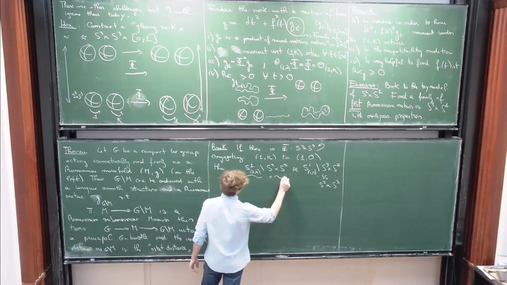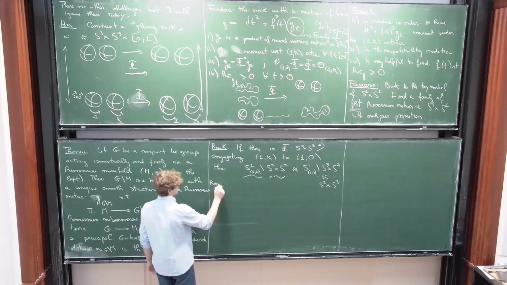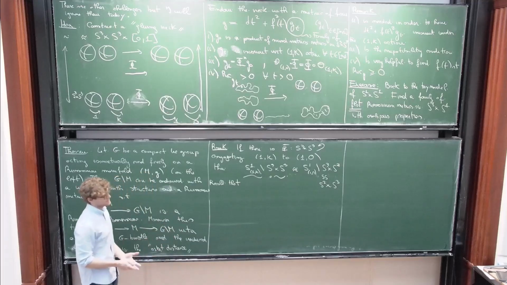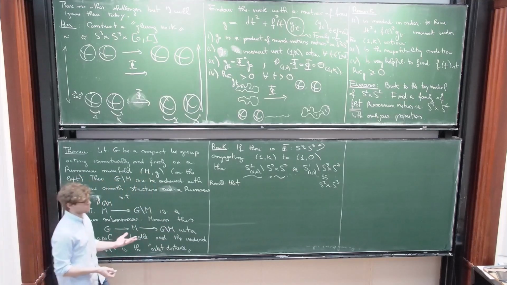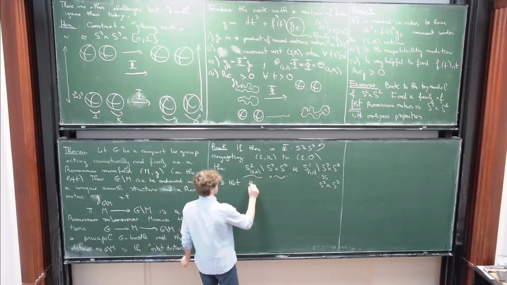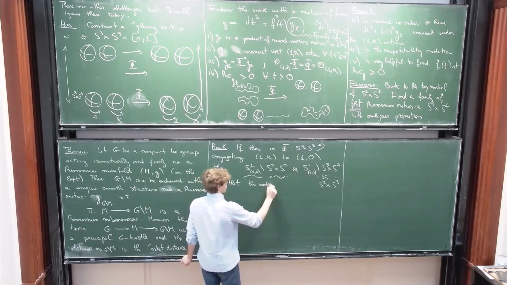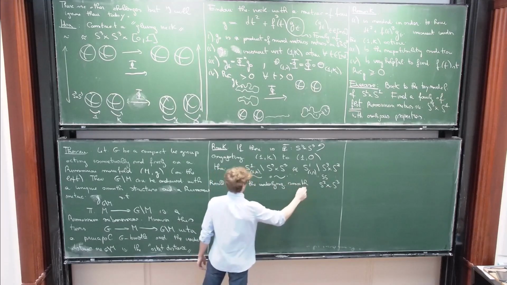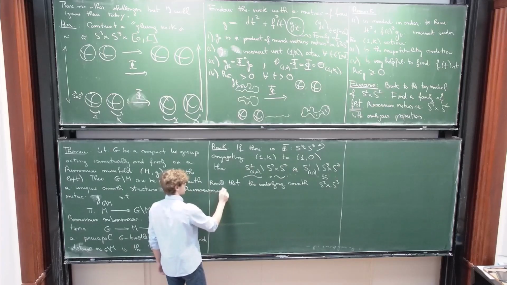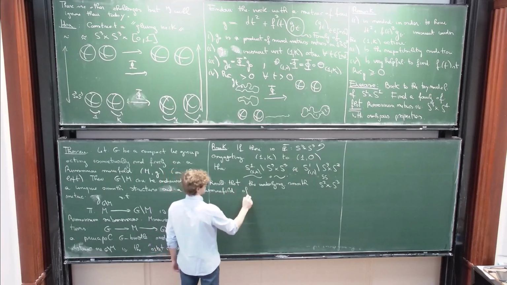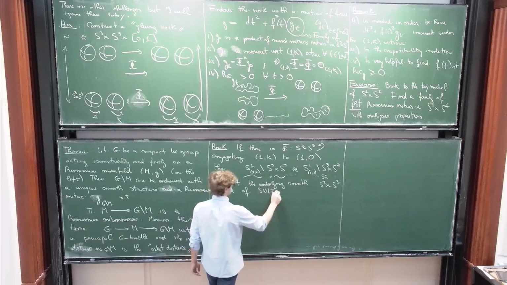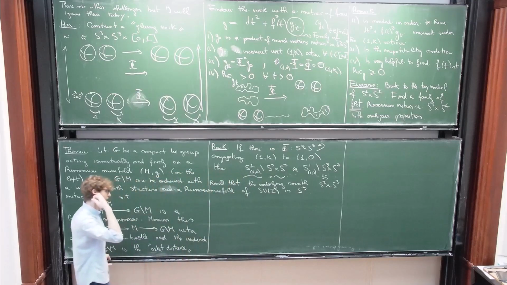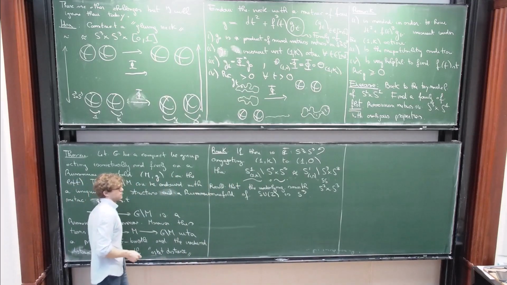Recall that S3, the free sphere, is the underlying smooth manifold of a Lie group, SU2, and I'm going to identify the two for the rest of today's lecture.